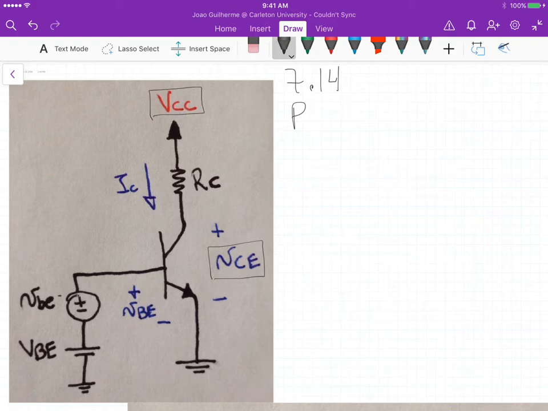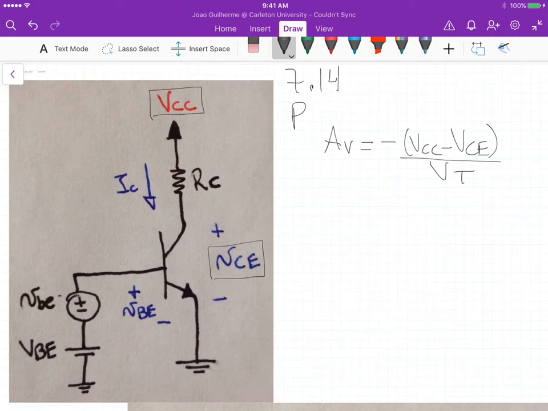In this circuit we know that the voltage gain AV is equal to, since it's an inverting amplifier, minus (VCC minus VCE) divided by the thermal voltage. So that's the voltage gain that we have in this particular circuit.